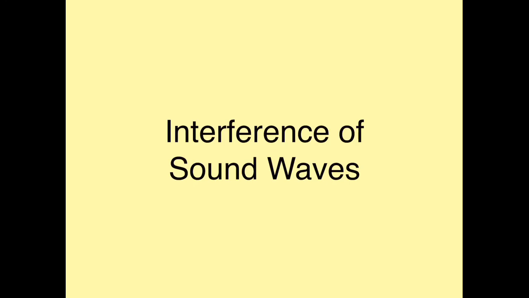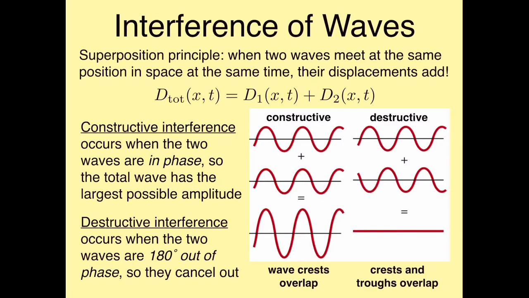So I'd like to introduce a topic that we'll go into a lot more depth on in the next video, but here I just want to introduce it to you. And this is interference of sound waves. So remember the superposition principle that we developed back in chapter 15. When two waves meet at the same position in space and at the same moment in time, you can simply add their displacements.